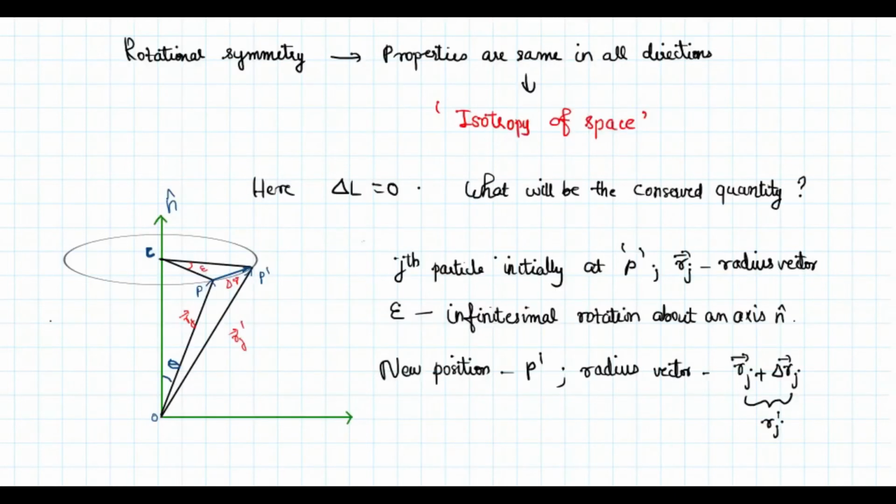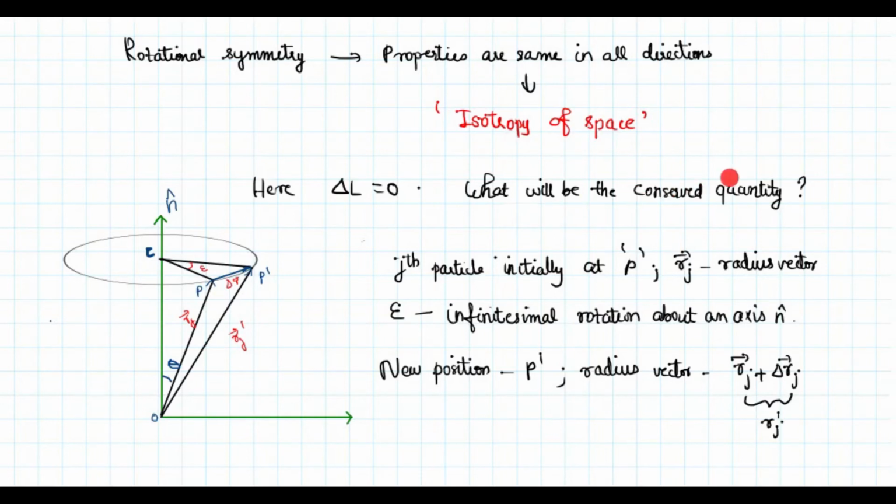So this is what we call isotropy of space. Physical properties not changing under rotation means delta L will become 0 here. Now the question is, if delta L equals 0 for a system possessing rotational symmetry, what will be the quantity that is going to be conserved during motion? That we will find out.